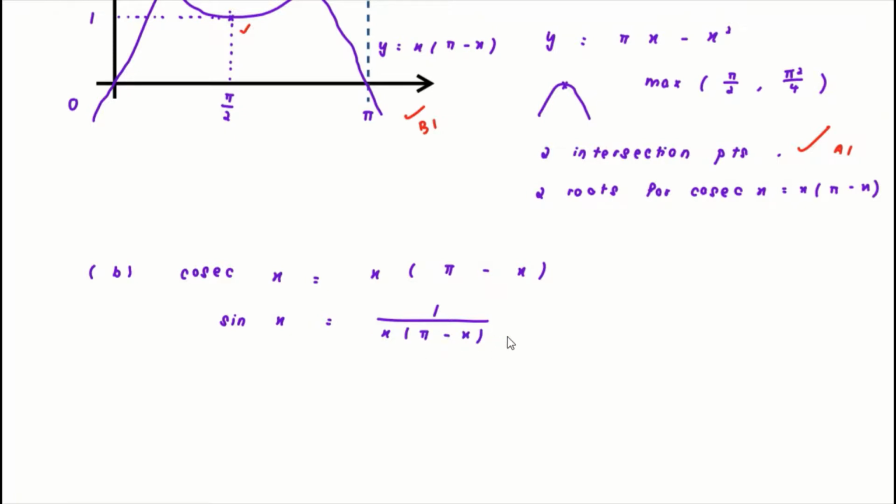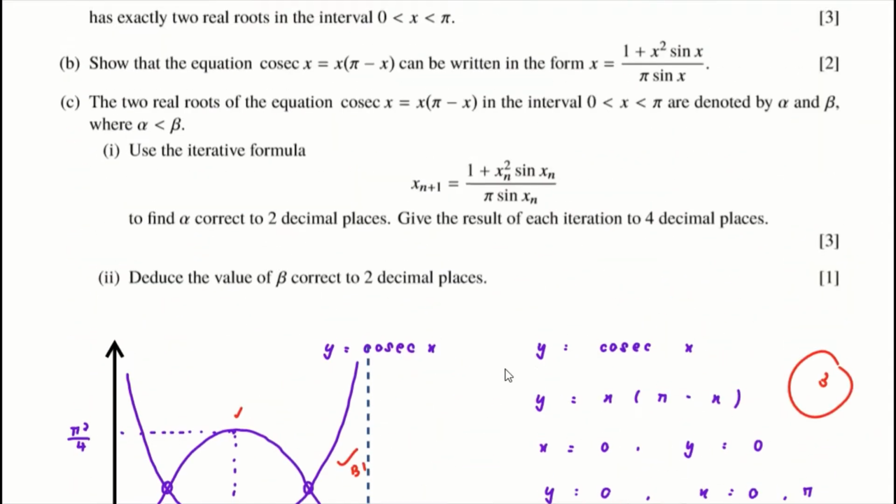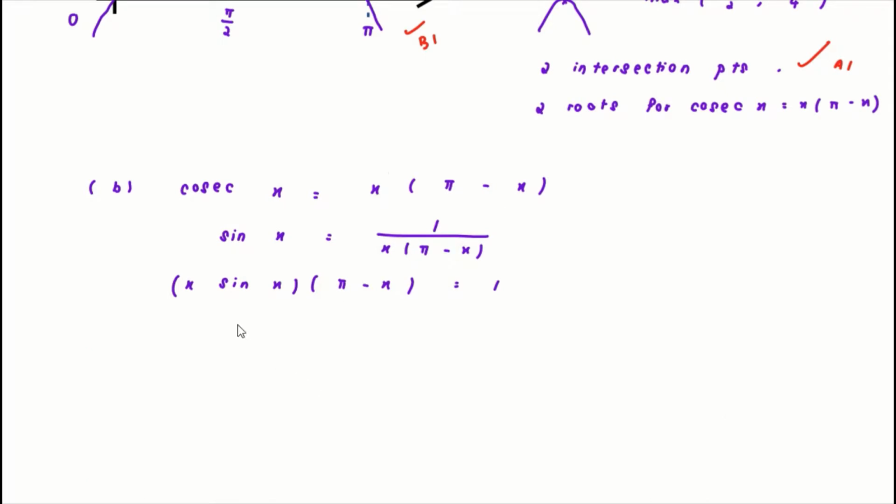After you get this, bring everything to the right-hand side. So sine x multiplied by x(pi minus x) equals 1. Then I think you need to expand it first: x pi sine x minus x squared sine x equals 1.